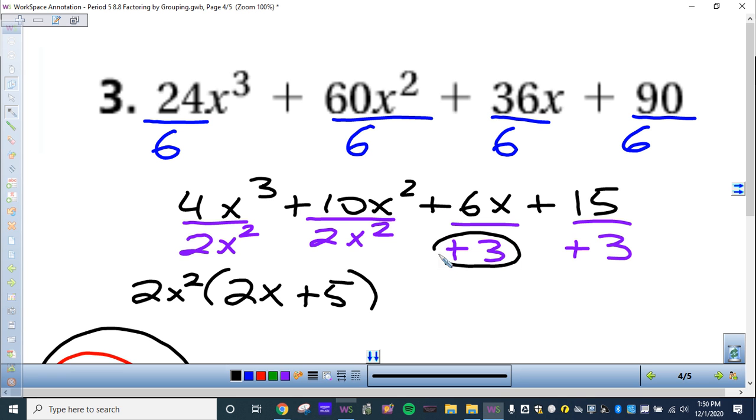I bring down my positive 3 next. 6x divided by 3 is 2x. 15 divided by 3 is 5. So as I said before, if your parentheses are not the same, it means you messed something up.